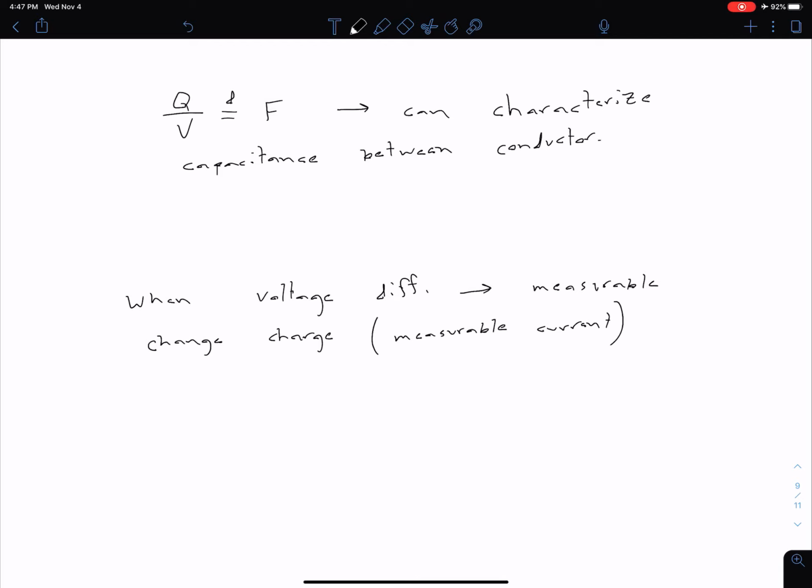So when this is the case, the two conductors have a mutual capacitance. And we'll look at a simple circuit here in a little bit just to see how we can model that.